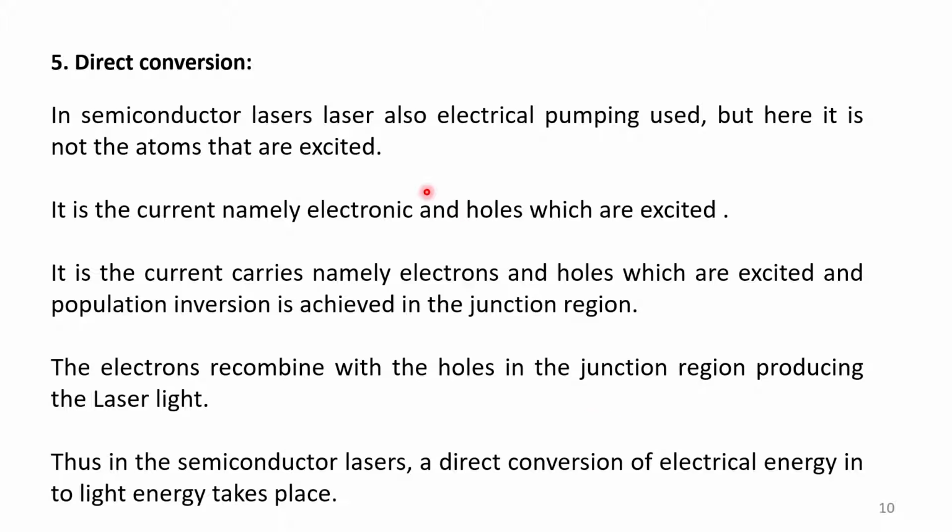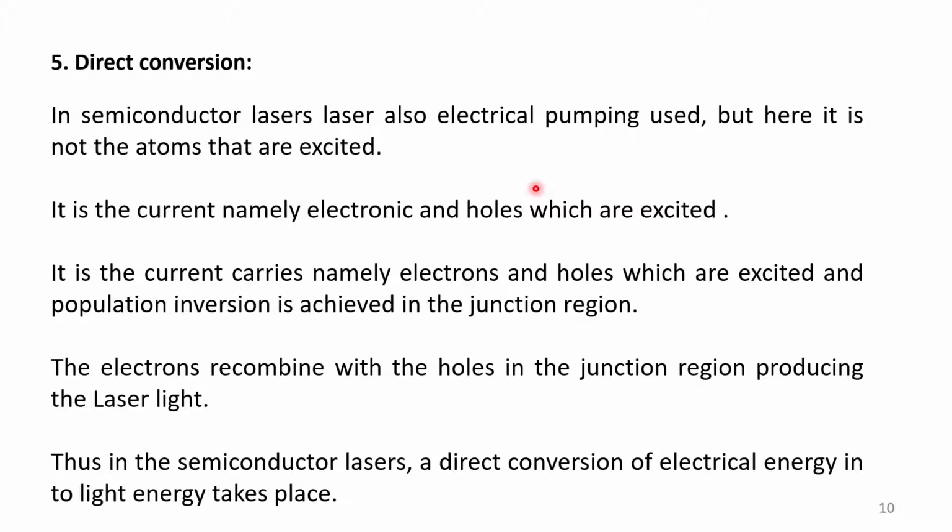Now in a semiconductor laser, such a type of pumping is used. But here it is not the atoms that are in the excited state. In electrical pumping, we have seen the atoms go to the excited state, but here the atoms do not go to the excited state.